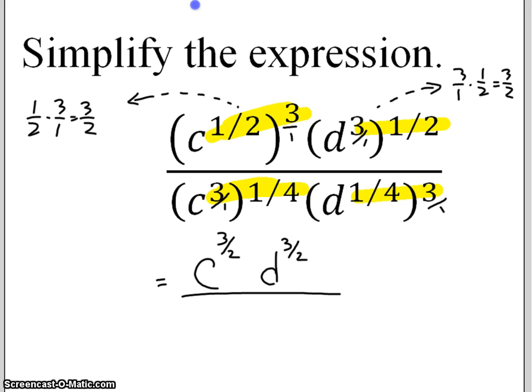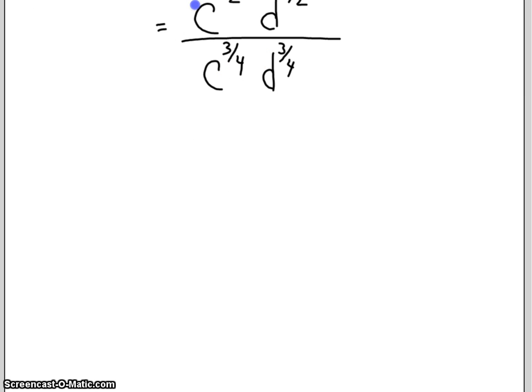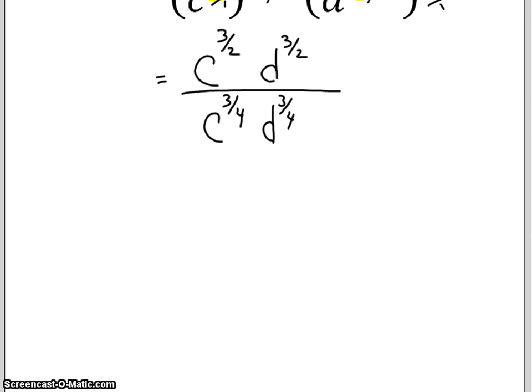Now here, 3 over 1 times 1/4 is 3/4. And then for the d, 1/4 times 3, 3/4. Now, it doesn't always work out where all the exponents are exactly the same, but the concept is to multiply there. All right, now here we have a quotient with the same base and another quotient with the same base.